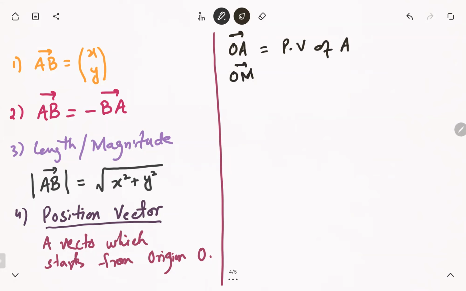Yes, it is a position vector. This is the position vector of M. OP is a position vector of P. So any vector which starts from origin is called a position vector.